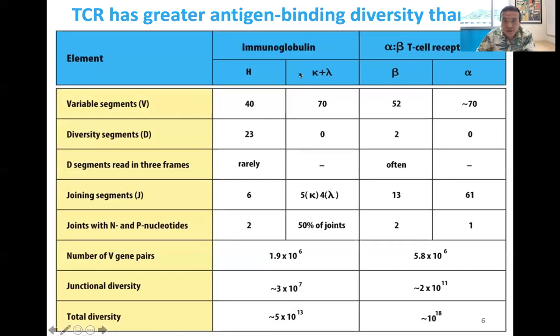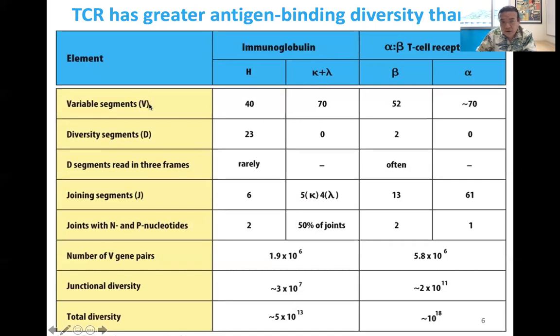So the left part over here is talking about the immunoglobulins that B cells make. And then the right part talks about the alpha beta T cell receptors, right, that we are learning about in today's lecture. So remember, the immunoglobulins have a heavy chain, so that's the H, and they have a light chain, either a kappa or a lambda light chain. Right? And the alpha beta T cells, they just have a beta chain and an alpha chain.